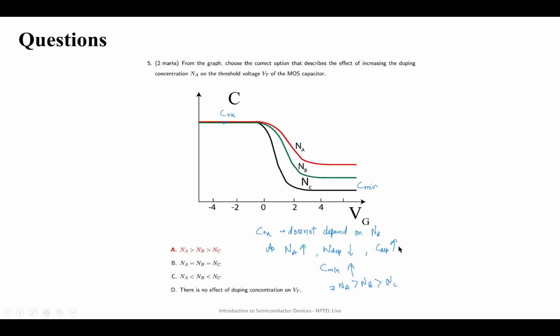That is, your C depletion will increase, and hence your Cmin will also increase. Hence, Na is greater than Nb is greater than Nc, because Na has the highest Cmin compared to Nc.